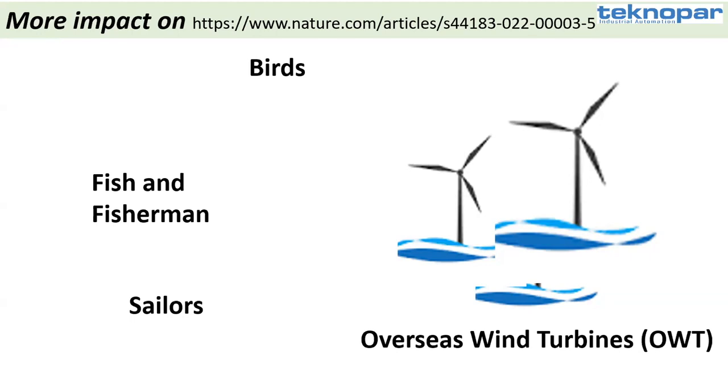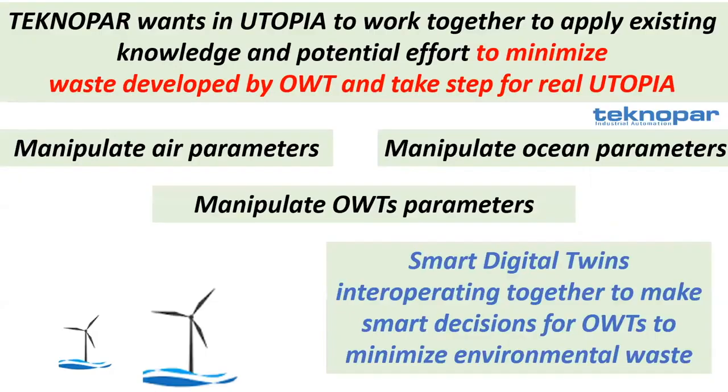Existing state-of-the-art is studying these negative impacts. As Teknopar, we want to work on a project similar to Utopia together, because our aim is to apply existing knowledge and potential effort to minimize waste developed by overseas wind turbines and take a step for real utopia.